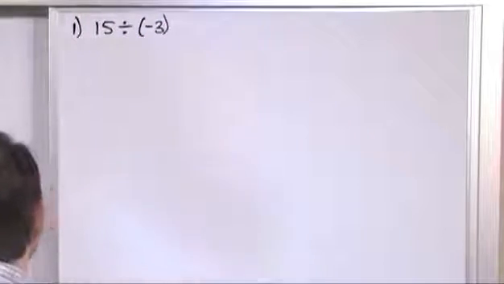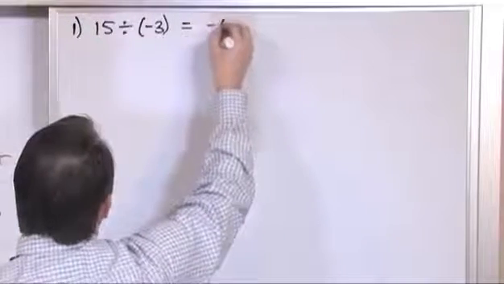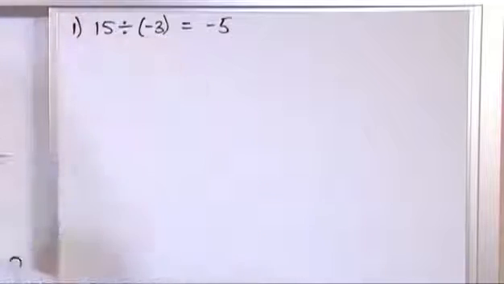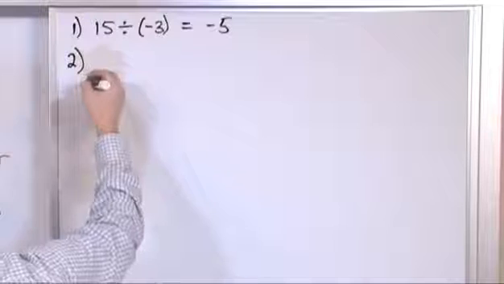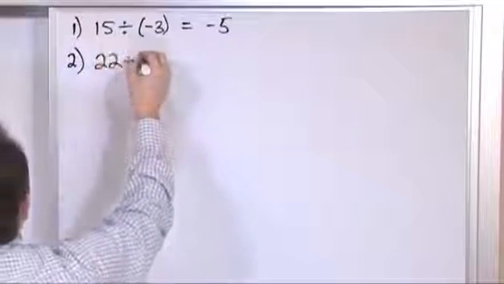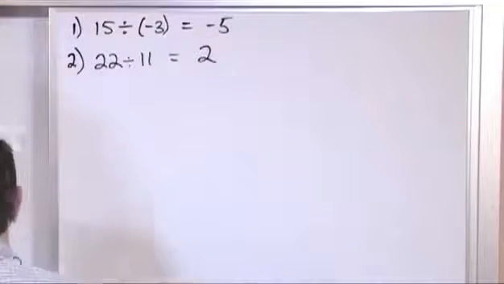Well, the signs are different, so we're going to have a negative answer. It's going to be negative 5 because 15 divided by 3 is 5, and the answer is negative because the signs are different. What if you had 22 divided by 11? Well, both of these are positive, so the answer is positive 2.